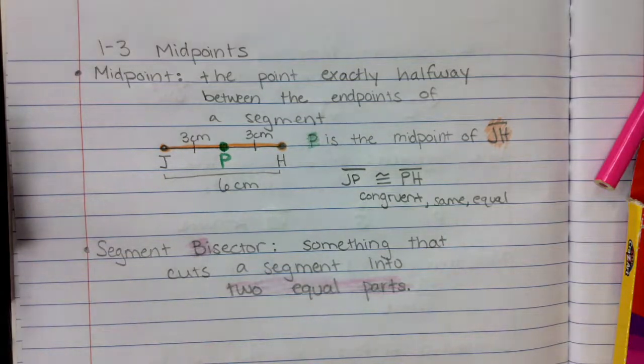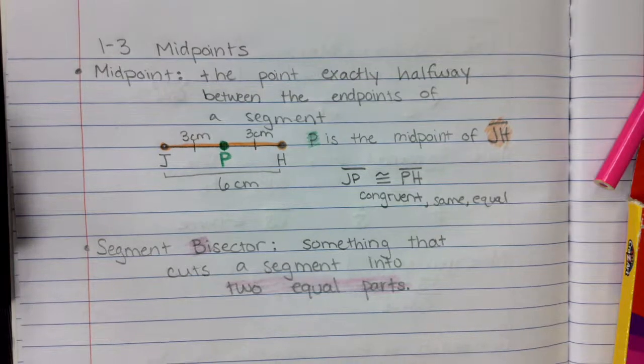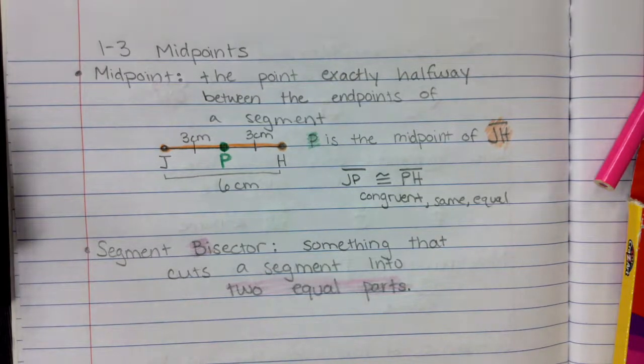All right, we know that point L is the midpoint of segment JM. I know that JM is 26 inches.